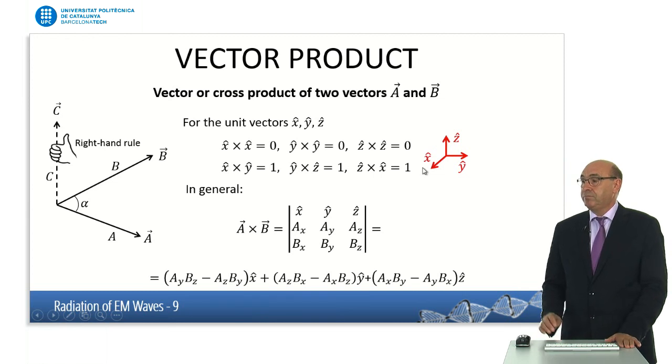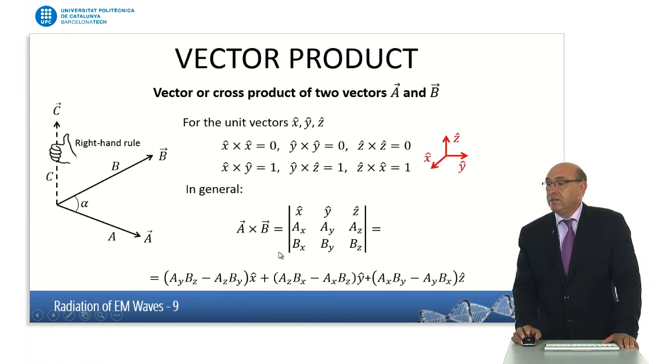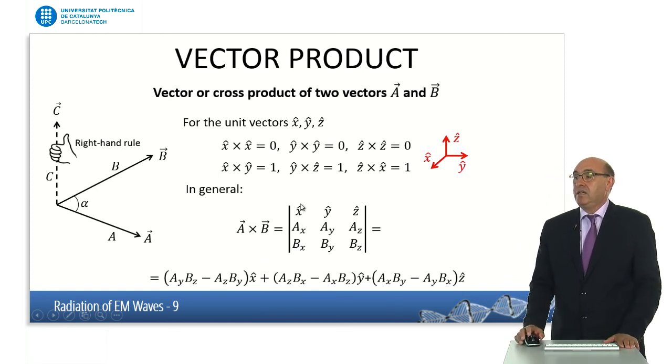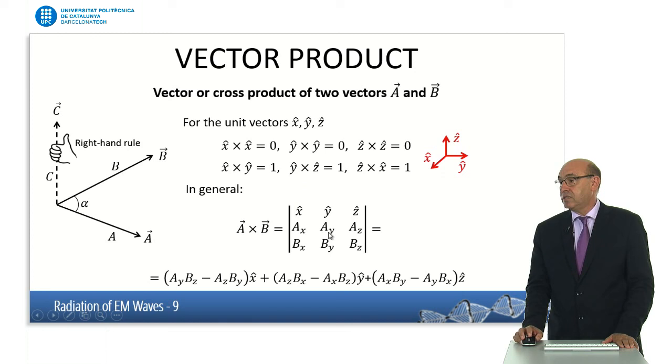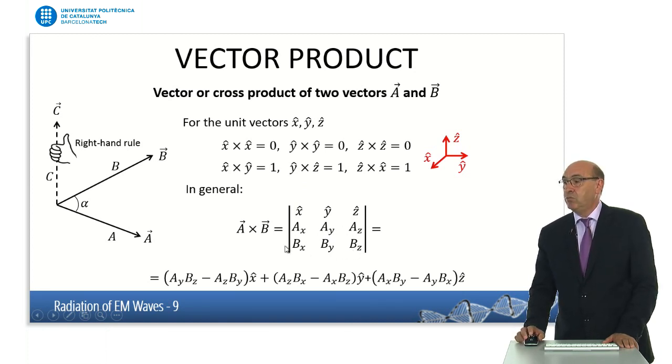In general, when you write the vectors and you use this rule, you get a more complicated result than in the scalar case, and it could be easily represented with the matrix notation. On the first row, you have the unit vectors. On the second, you have the A components, and on the third, the B components.